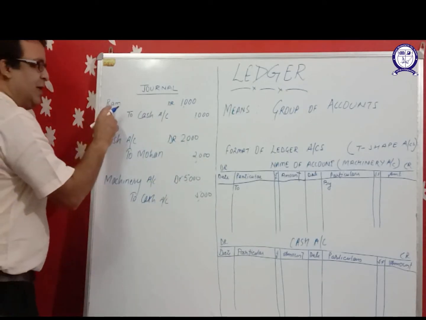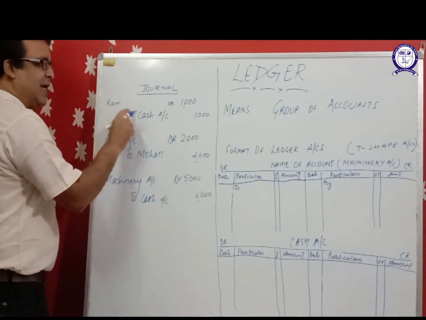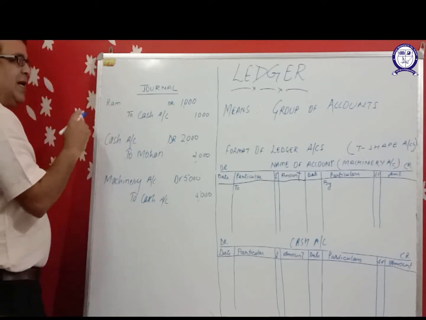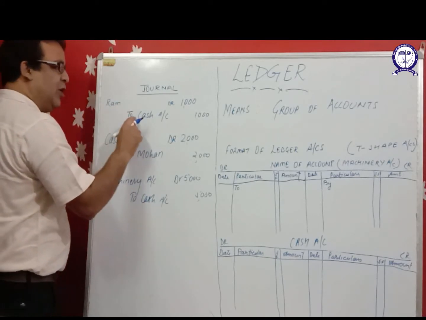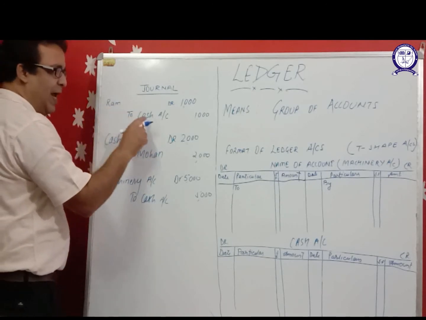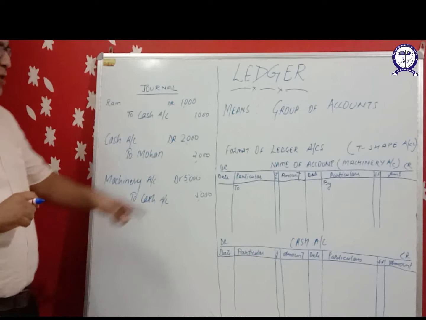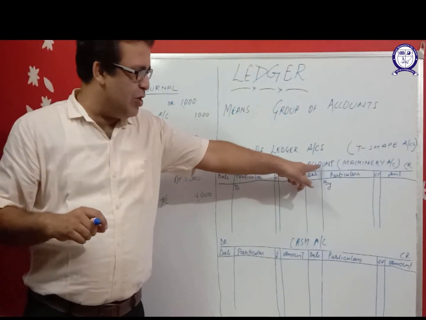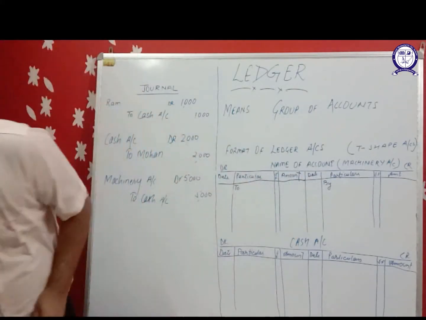First account is Ram and second one is cash. The journal entry is Ram account debit to cash account. So two accounts will be prepared, Ram and cash. Suppose the first account we are going to prepare is Ram account.